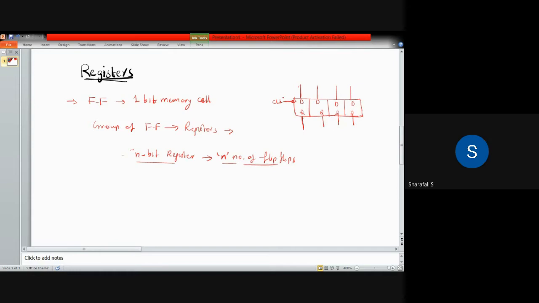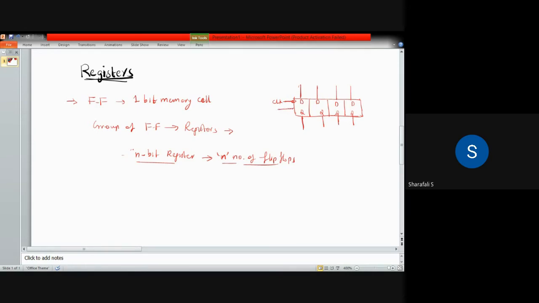So you do not need any change in your memory. To avoid this change of memory, or toggling with the clock pulse, we will connect a load to this particular circuit.